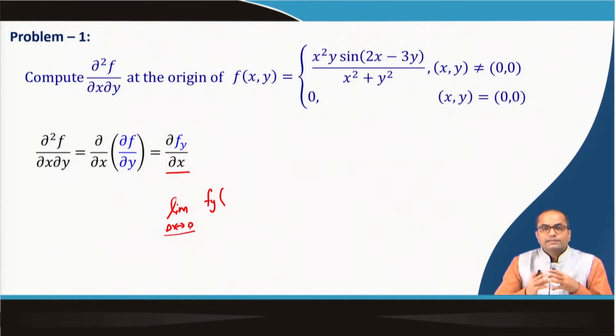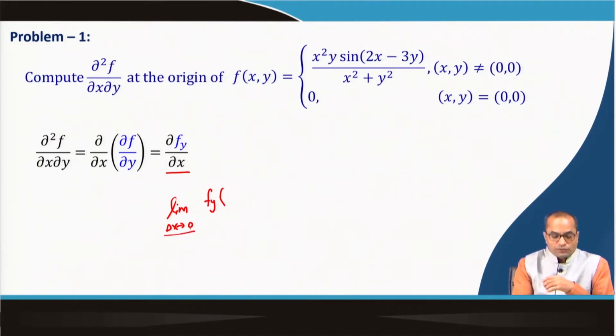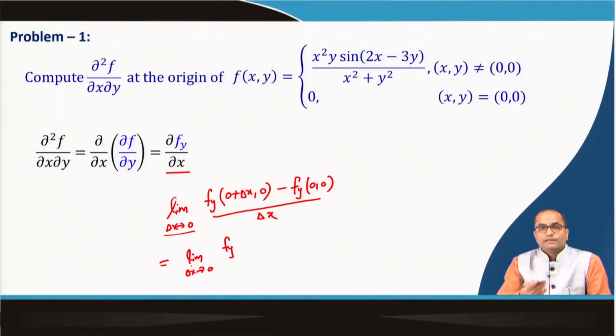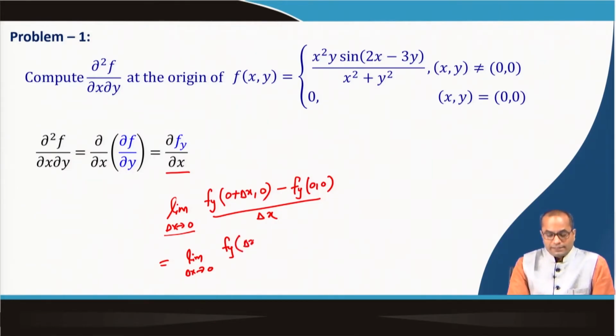Since we are taking this derivative with respect to x, we have 0 plus delta x as the first argument and 0 as the second: f_y(delta x, 0) minus f_y(0,0), divided by delta x. So, what do we have basically here?